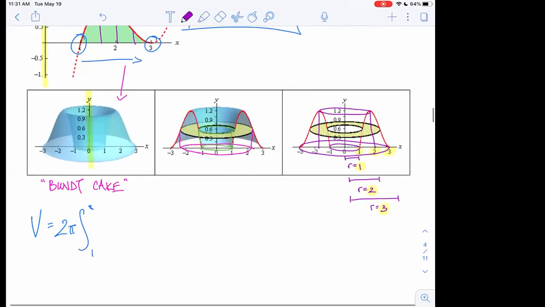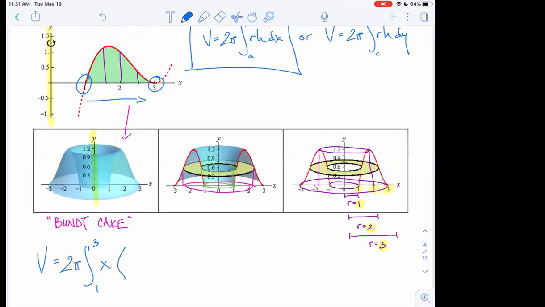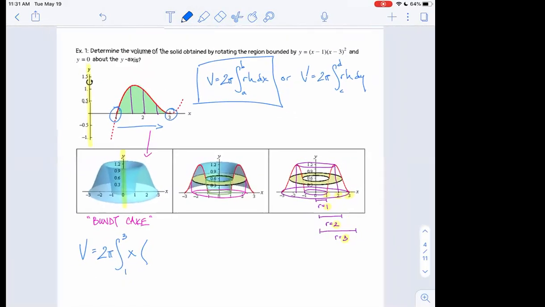So when I go back to my equation, that was supposed to be a 3. Instead of r, I can put x, because x represents the radius of the shell. Now the height of the shell is going to be those purple lines. And those purple lines are defined by my function.